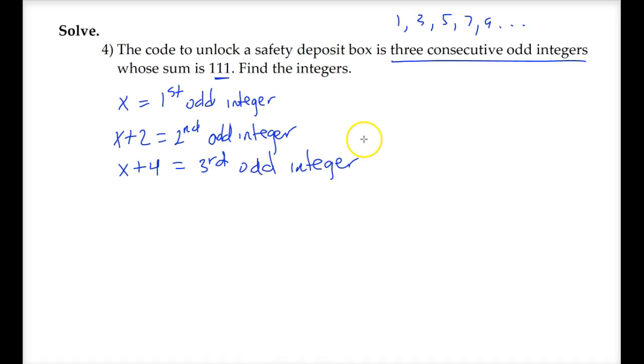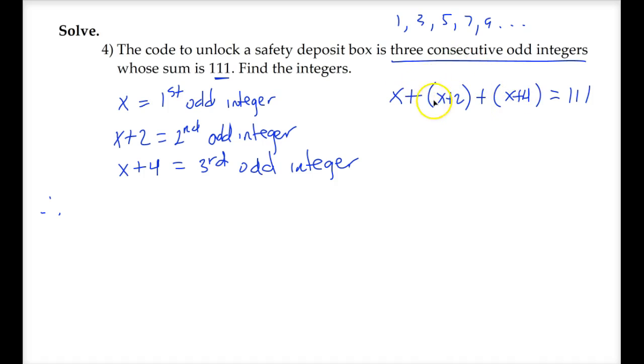And so now from that point, we see that if we take these numbers in their form in terms of x and add all of them together, the sum should be 111. So if we say x plus (x plus 2) plus (x plus 4), that will all equal 111.